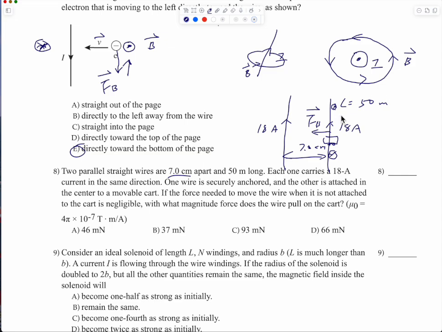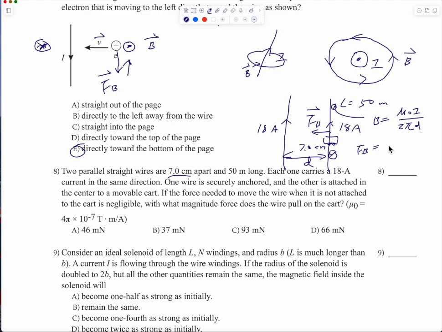All right, let's look at what the field is here. B equals mu naught I over 2 pi d, where d is the separation. And what is the force here?